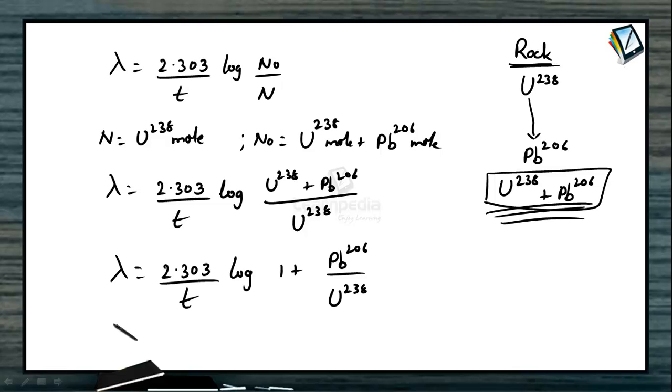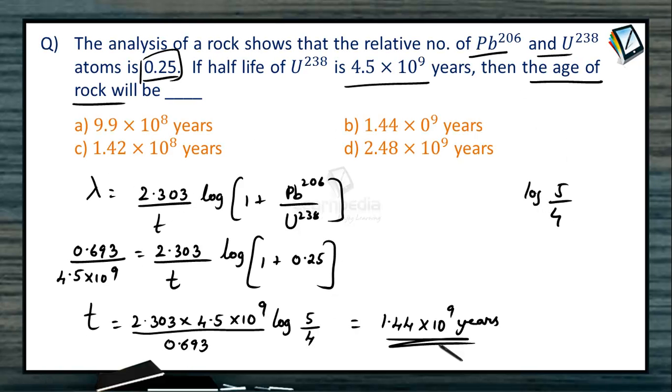And once half-life is given, you know how to calculate lambda, which is 0.693 by half-life. And the relative number of Pb206 and U238 in this numerical is given as 0.25. Substitute those values and do the calculation. You'll get the final answer as equal to 1.44 into 10 power 9 years. So our answer is option B.